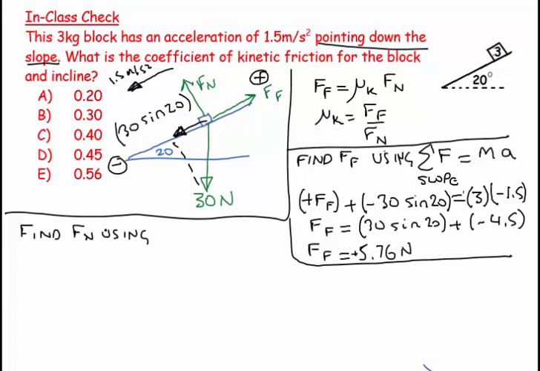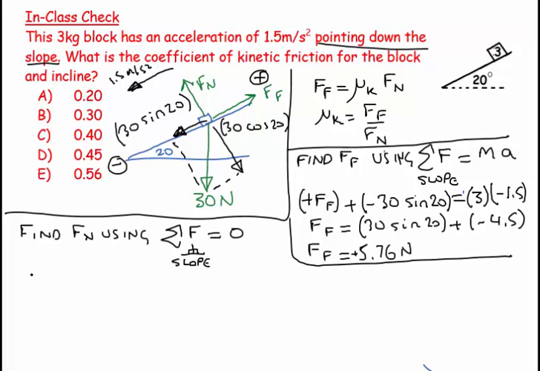So find Fn using the sum of the forces perpendicular to the slope, equal to 0. Perpendicular to the slope, I have this component of my 30 newtons, and this will be 30 cosine 20.